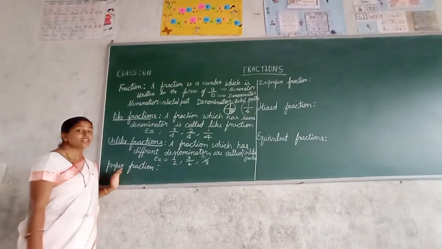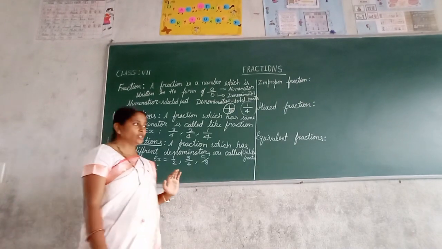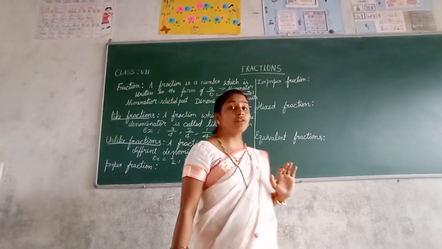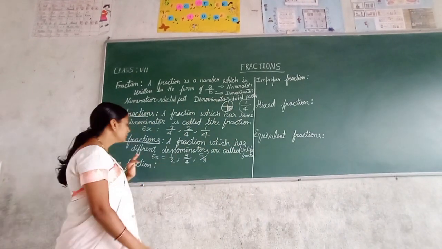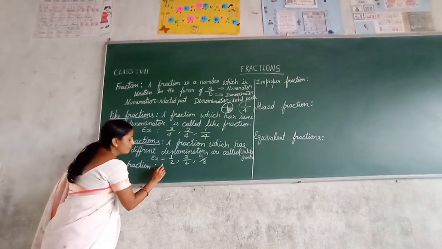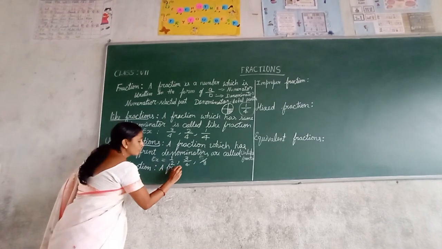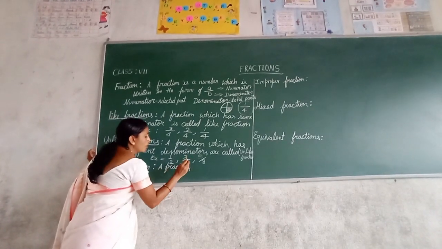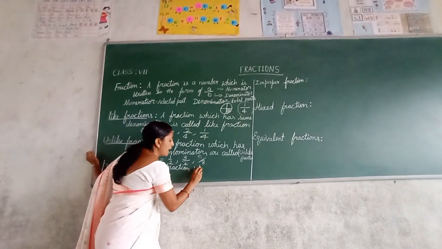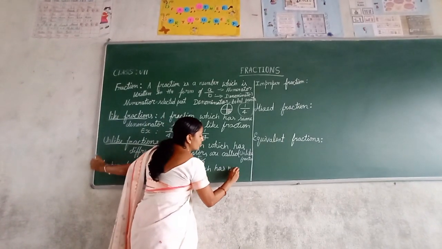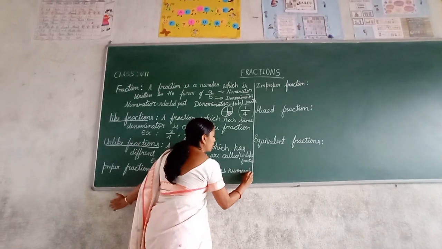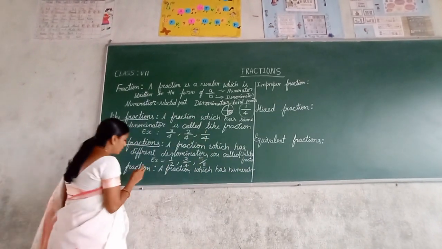The next one is proper fraction. What do you mean by proper fraction? A fraction which has a numerator smaller than the denominator is called a proper fraction. You have to compare the numerator and denominator.